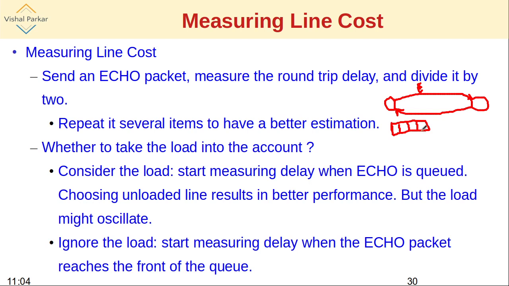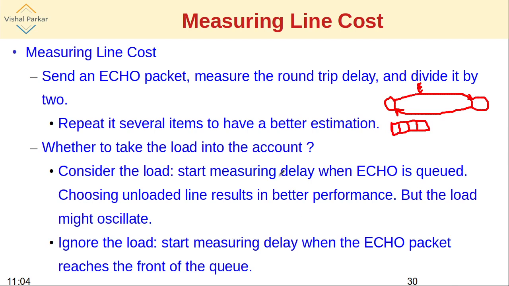So if there are multiple packets in the buffer or in the line, that is called the load. So if load is more, it will take longer for this packet to reach the line and then the destination. So if this router is considering the load, it will start measuring the transmission delay when the echo packet is initially queued. It will start from that instance.